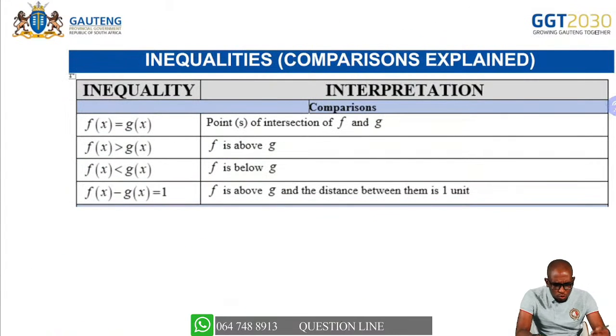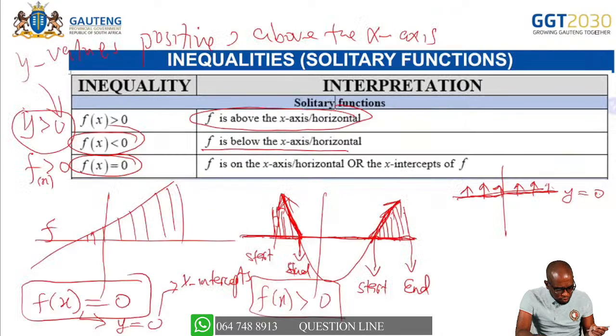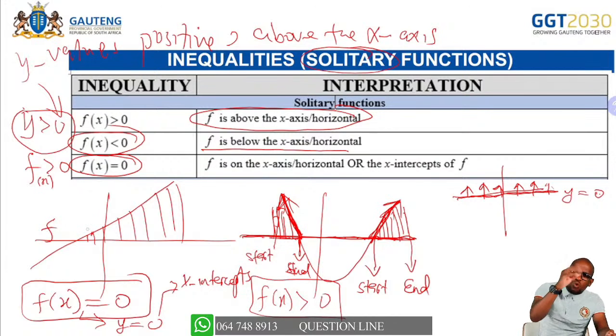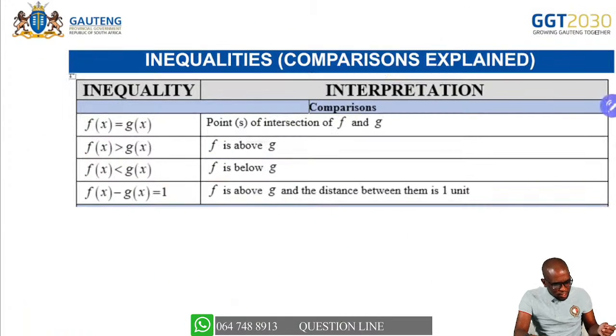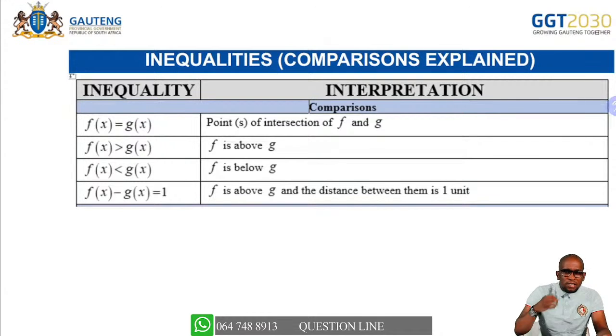Now let's go to the second part here. Now we are no longer looking at a solitary function. It was just f, just the graph of f. But now when you look at this, there is g that is infused there.